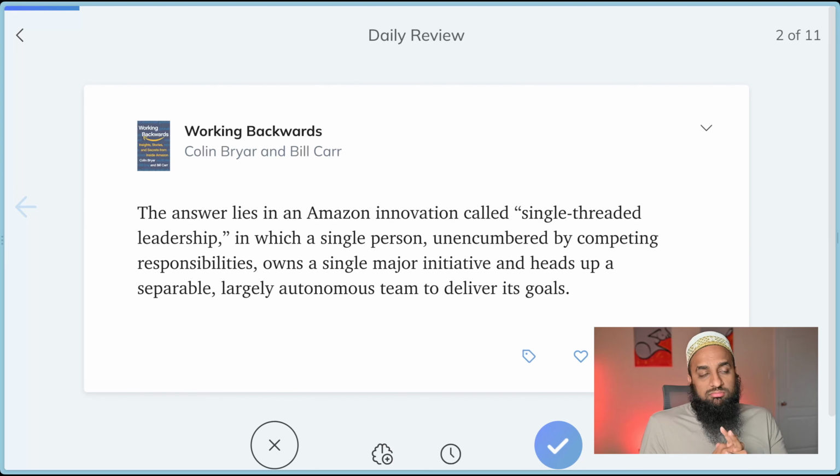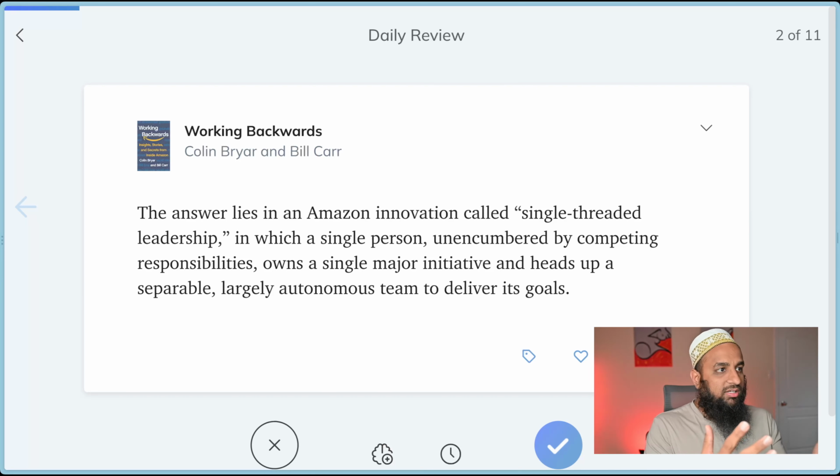It mirrors the discussion in Conway's law, where it says that the architecture of software mirrors the architecture of the organization. So over here the method is that you build teams which are single threaded in nature, and a single person, the leader of that team, is unencumbered by competing responsibilities.